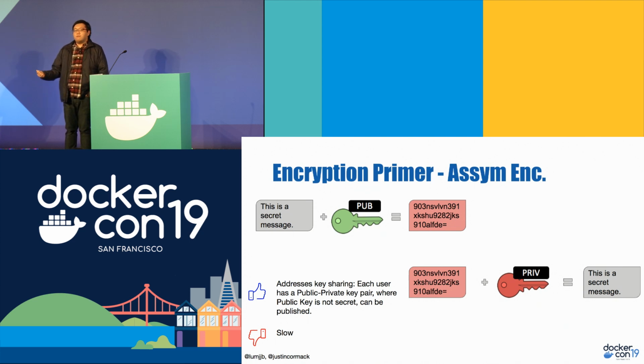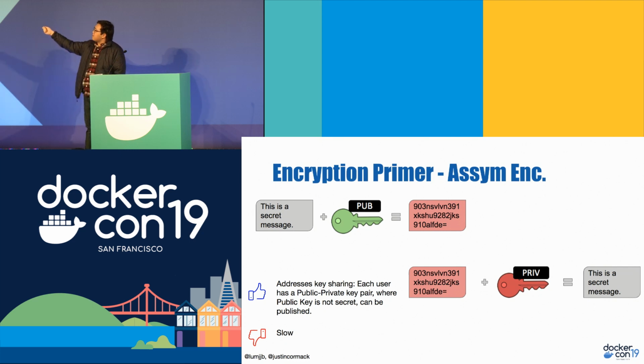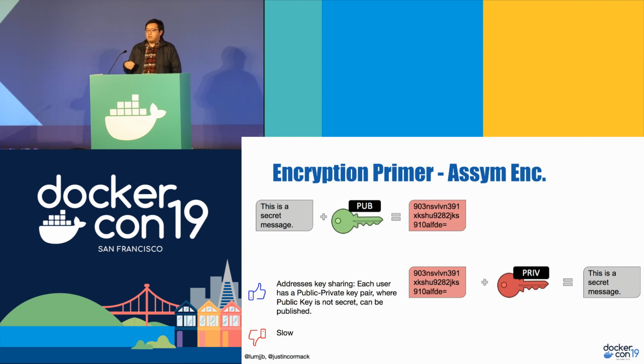For example, if I wanted Justin to send me an encrypted message, I would generate my key pair, keep the private key to myself, and pass Justin the public key. Justin will use the public key to encrypt the text, and I'll use my private key to decrypt the text. So this solves the key sharing problem that we saw earlier in symmetric encryption. However, it is a very slow encryption process, and it's not great for big data.